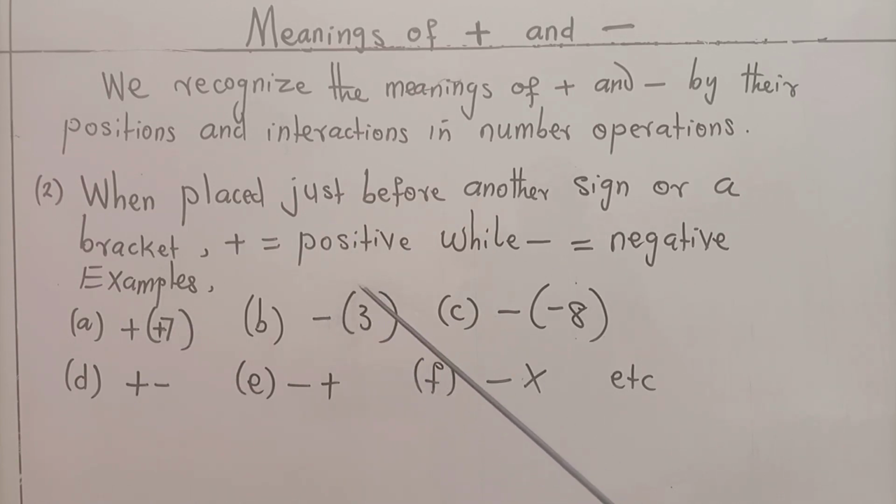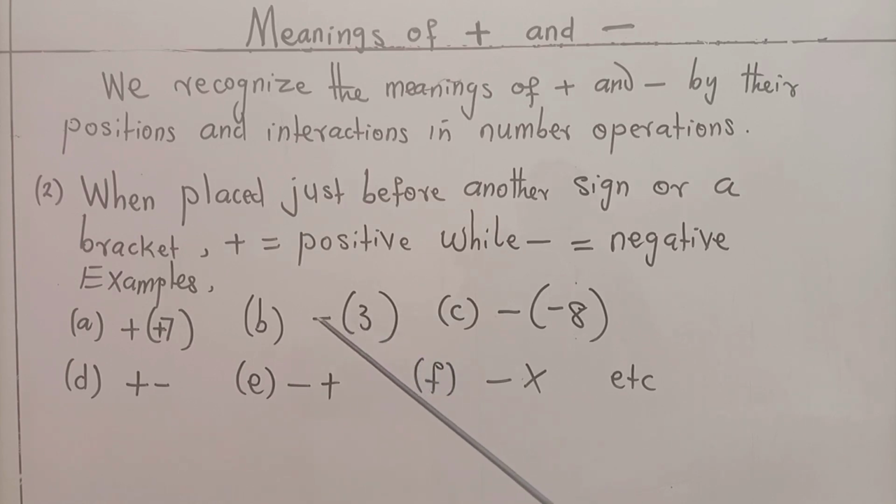This is minus bracket 3. Recall that if a number is written without a sign, then the sign unwritten before it is plus. So this thing you're seeing here means the same thing as minus bracket plus 3. What is that plus inside doing? It means having 3. This minus is kept just before a bracket. If we say just before, it means that nothing separates them.